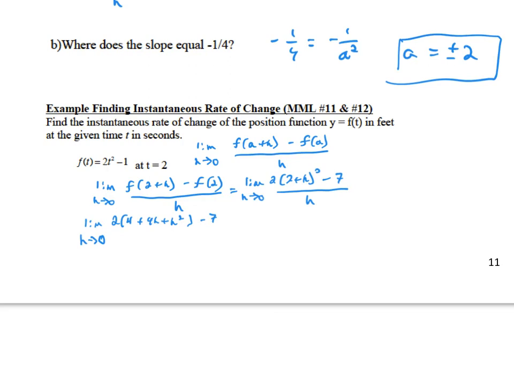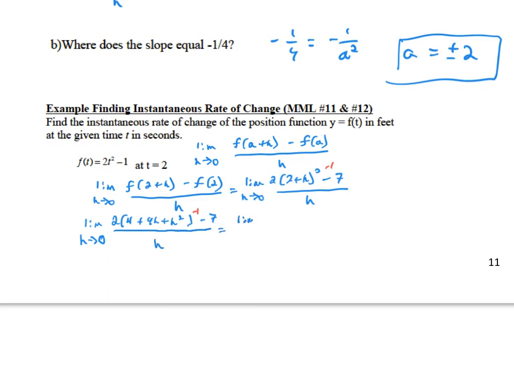Ew, I forgot to take away 1. See, I knew I'd make a boo-boo. All right, good thing I caught it. Should be a minus 1 there and a minus 1 there. And why is that? Because that's part of the function. I just simply forgot to write it down. And you know what? That's a common mistake that you've got to watch out for when you're doing these problems.